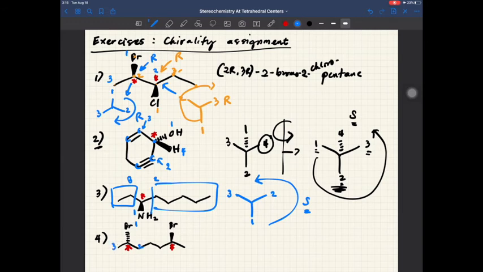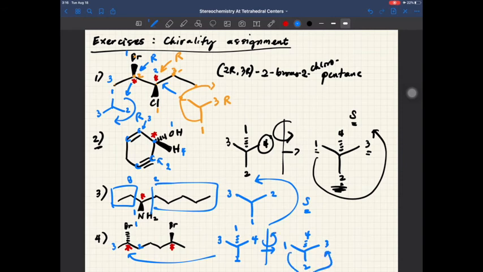So this carbon is situated in such a way that 4, 3, 2, and 1 is at the back. So all you need to do is to rotate it like this, 2, 3, 1, and 4. Rotate like that. And finally, we get this type of orientation, which is counterclockwise, meaning this carbon is an S.